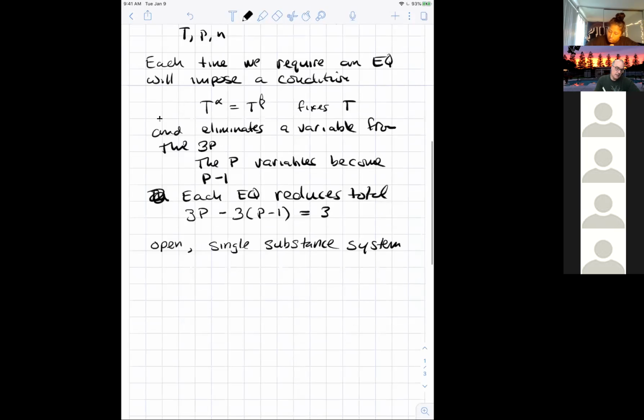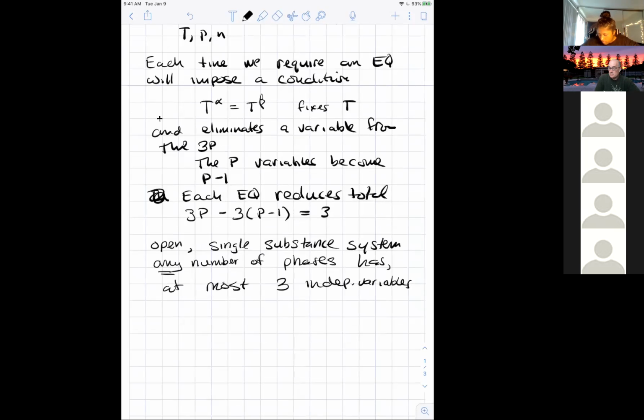So you can think about CO2 or SF6 or H2O. Any number of phases has at most 3 independent variables to adjust.